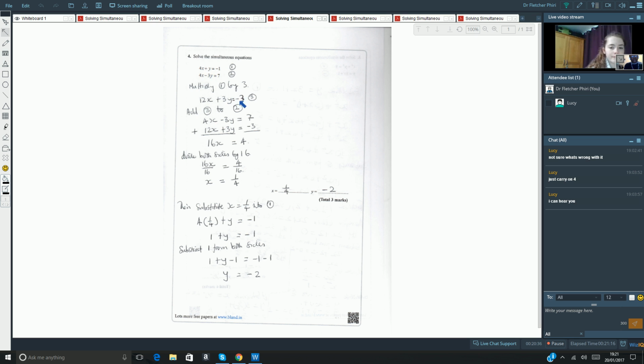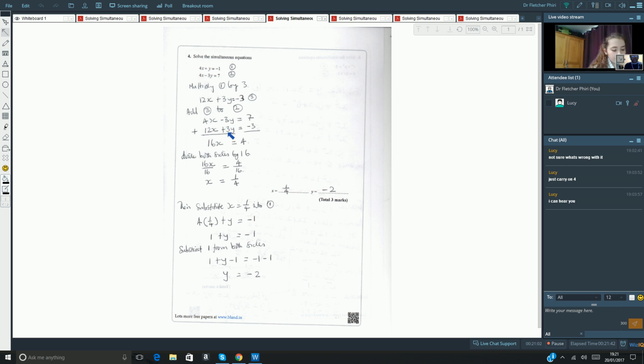So this now becomes equation number 3 because I've changed this one to this format. So I add this equation here to this 2 here. Therefore I have 4x minus 3y, which was my equation 2, is equal to 7, plus the new equation, which is equation 3, which is 12x plus 3y is equal to minus 3.